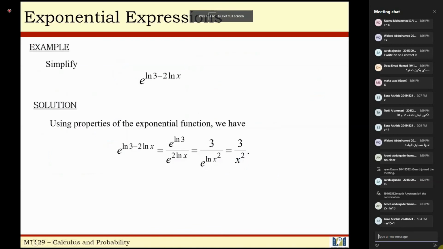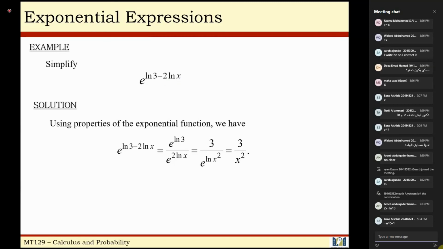Look at this, we need to simplify. We have e to the power ln 3 minus 2 ln x. We need to simplify this one.